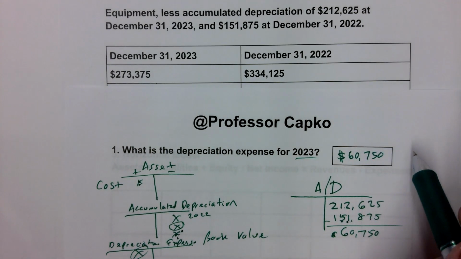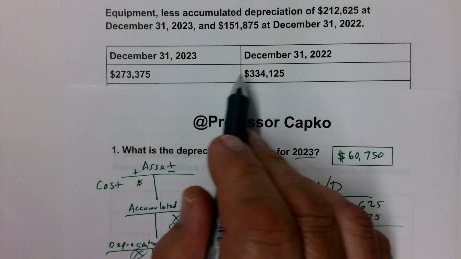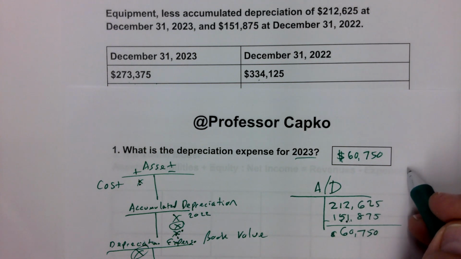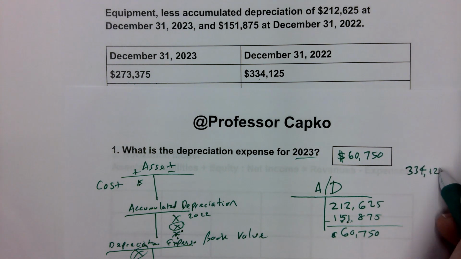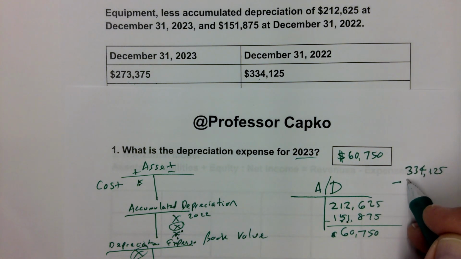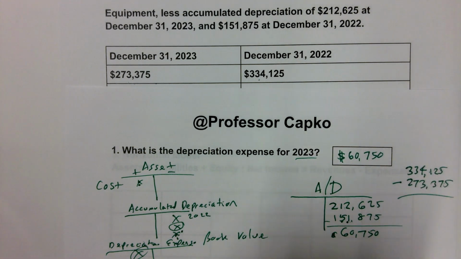Now, I told you there's two different ways we can find this. The other way would be we could find the difference in the book value. The book value in 2022 was 334,125, and I could subtract out the new book value, 273,375, and see what that gives us.